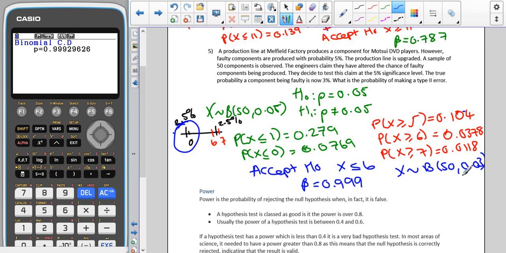So then we had x follows a binomial distribution with an n of 50 and a probability of 0.03. We're finding the probability that x is less than or equal to 6, and that gives us a massive beta of 0.999. And if you think about it, that makes sense: the chance of making a type 2 error, the chance of H0 not being true and we accept H0, is large, and part of that is because we don't have any values at the lower part of our number line that would mean that we would reject H0.